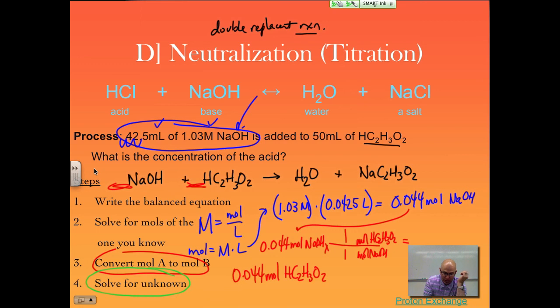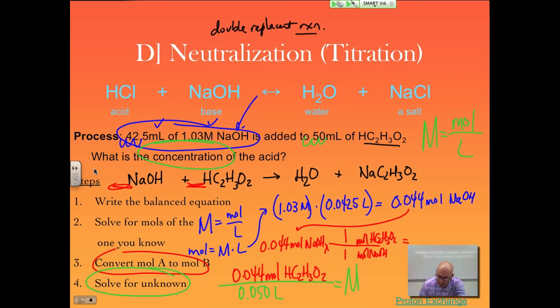Now I'm going to solve for my unknown, which is the concentration, which again is, I'm going to bring it up here, moles per liter. So here's my moles, dividing it by 0.050 liters. Hopefully you can see that green.